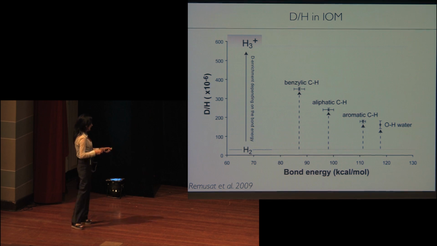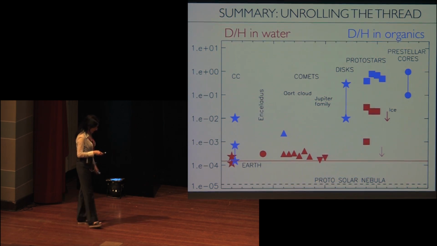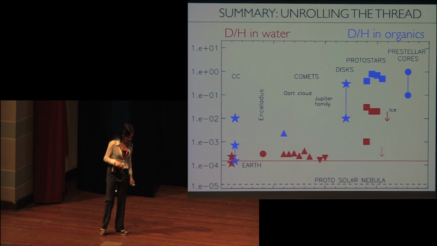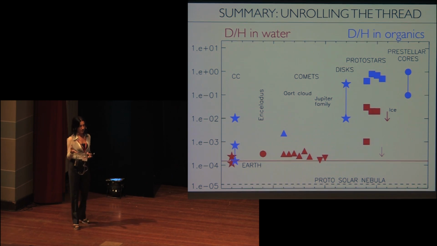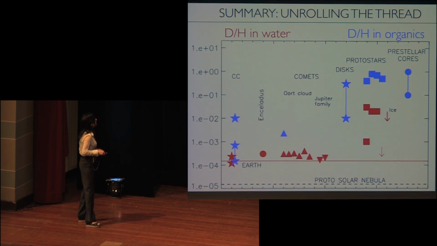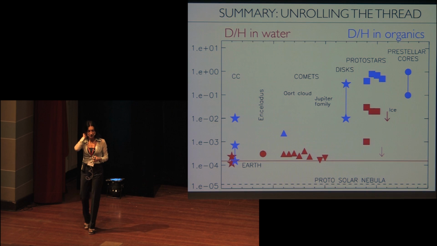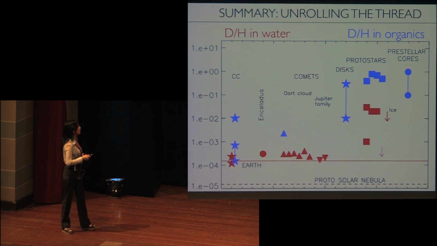So now I will just wrap things up. As I said, in the chapter you will see more things, in particular the 15N fractionation, which is also another important thread to remember and study more. But for the deuteration, we decided to focus on this because of the larger number of data.